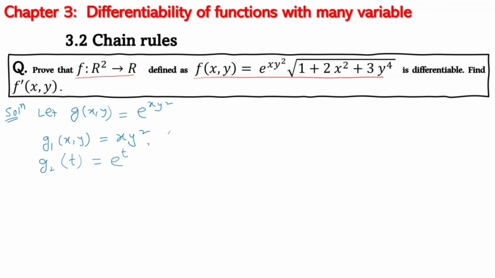So you can see that here g1 is a function from R2 to R, and g2 is a function from R to R. So clearly g is equal to g2 composition g1. In this case, if we see that g2 and g1 are differentiable, then the composition function is differentiable.